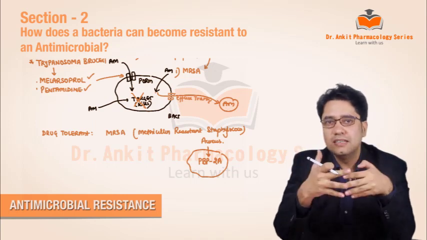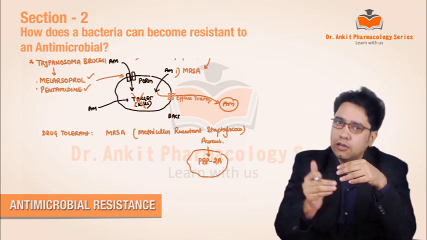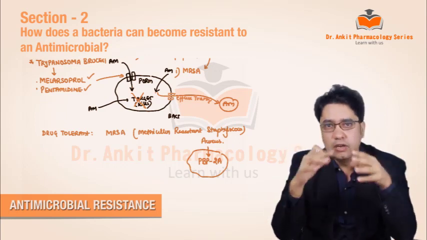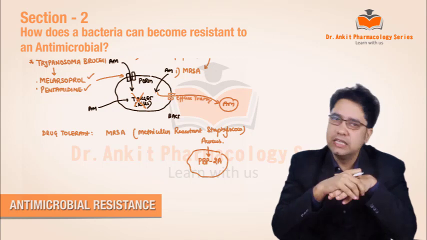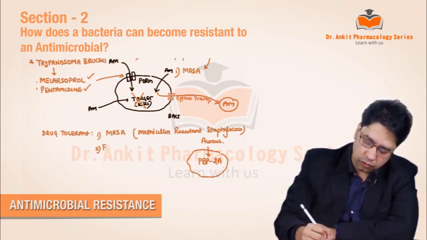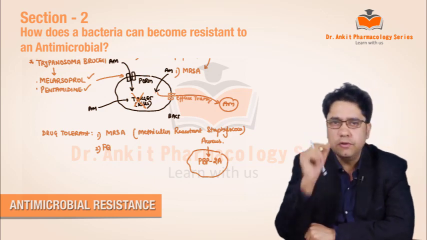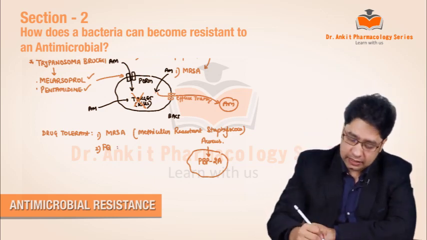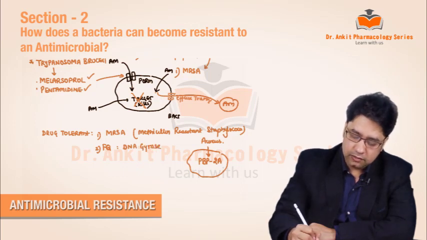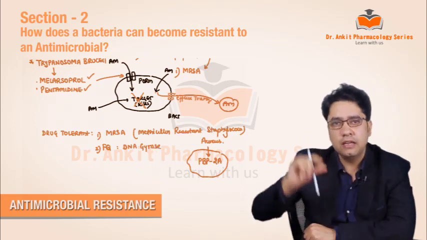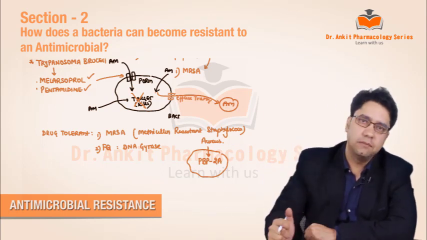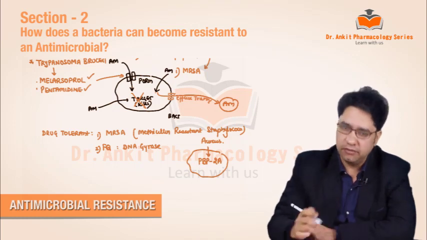Hence penicillins like methicillin cannot bind to this abnormal type of penicillin binding protein. Okay. Similarly, the other example you will write is fluoroquinolones. Fluoroquinolones in a bacteria inhibit an enzyme known as DNA gyrase. Now this bacteria has started forming an abnormal type of DNA gyrase to which fluoroquinolone cannot bind. So its target has been modified.